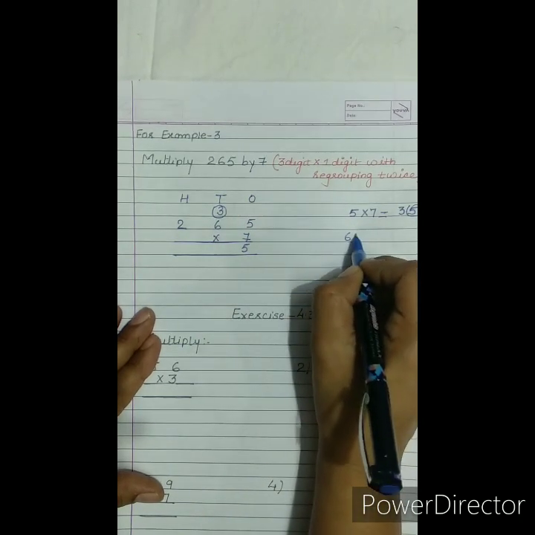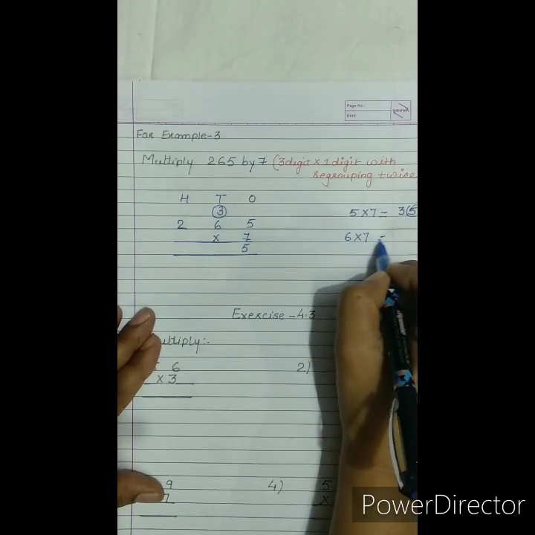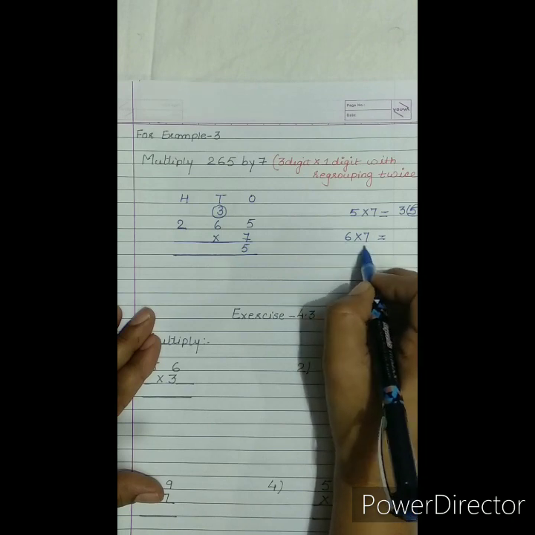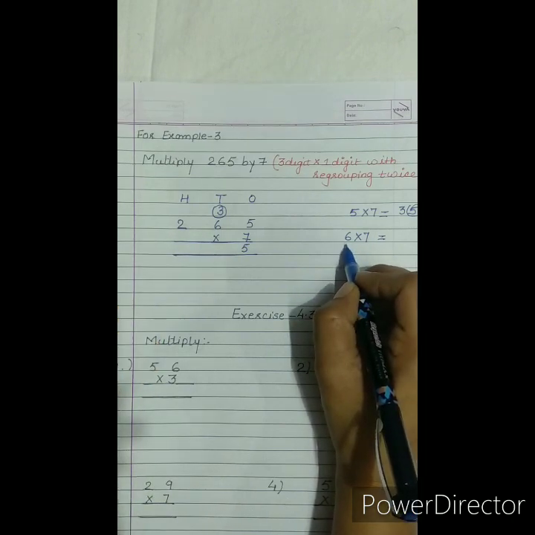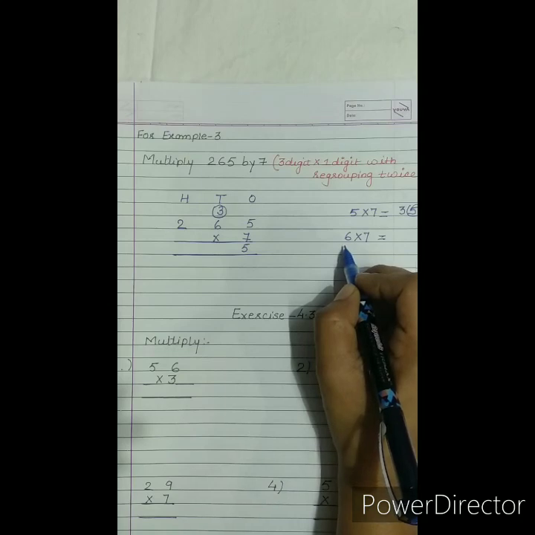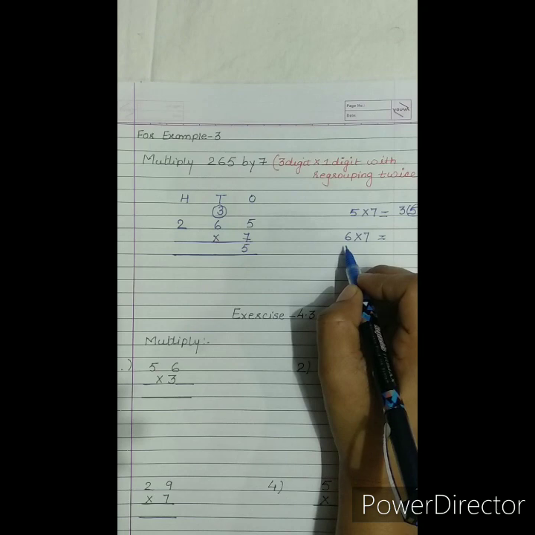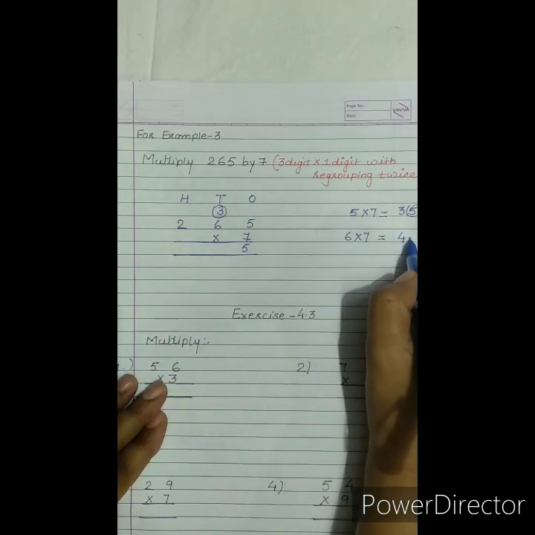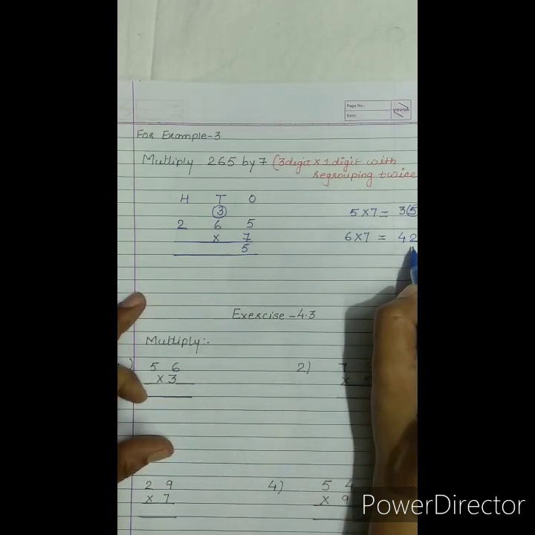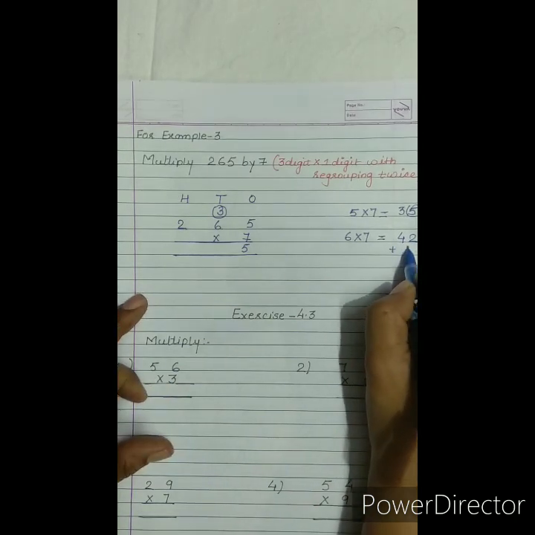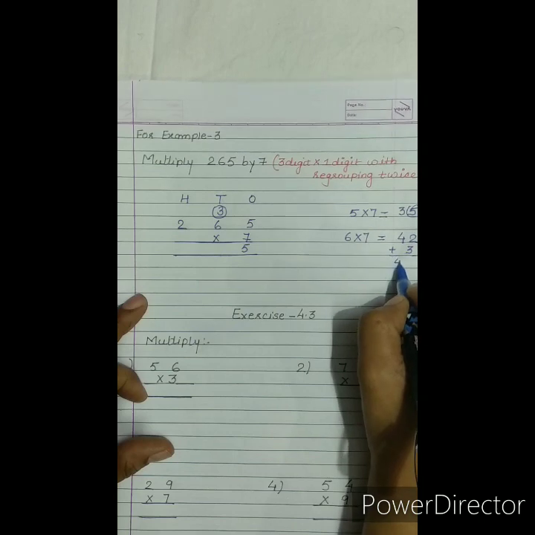What is it? 6. 6 into 7. We will read table of 7 six times. 7 1 ja 7, 7 2 ja 14, 7 3 ja 21, 7 4 ja 28, 7 5 ja 35, 7 6 ja 42. 42 plus 3 is equal to 45.